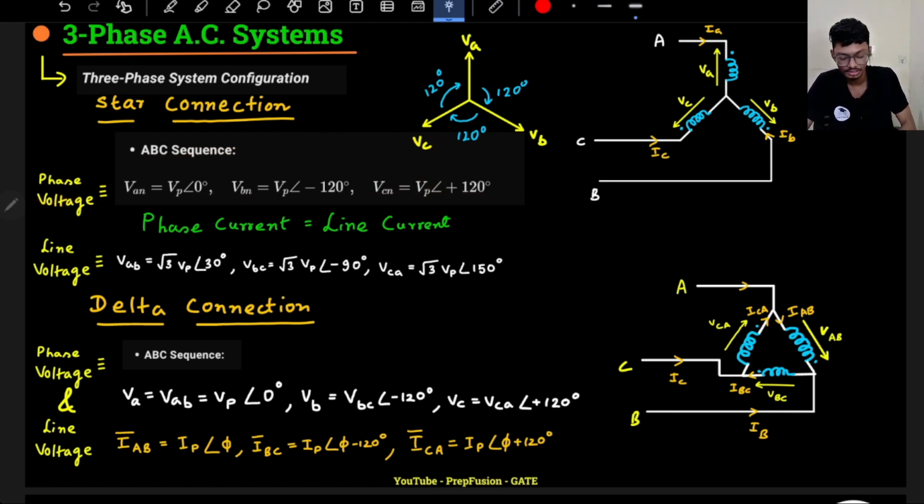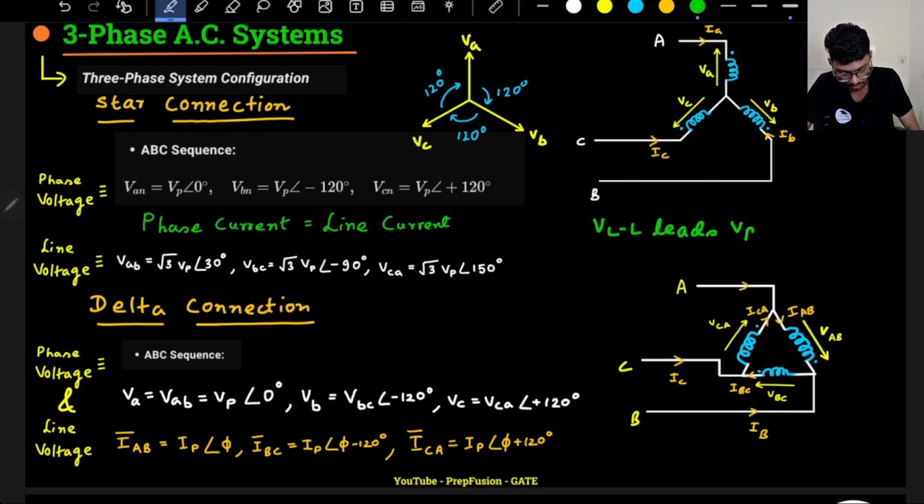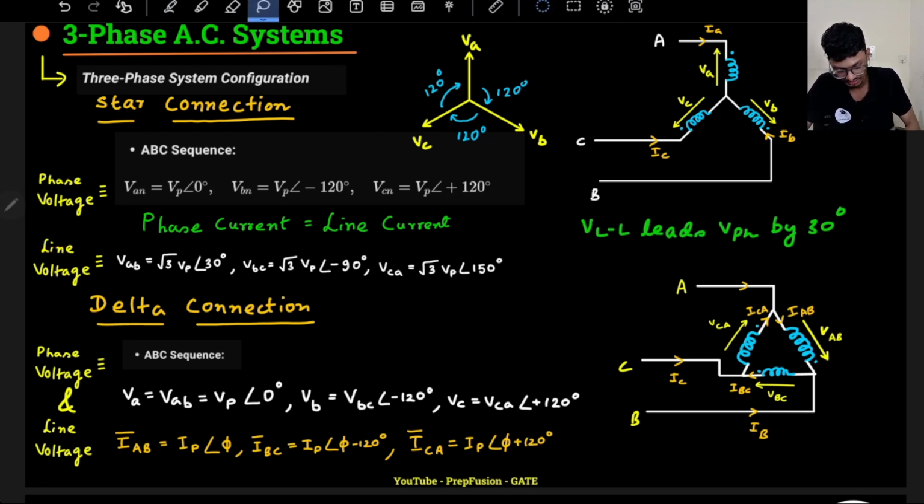Also, one more thing we had derived: in case of star connection, the line voltage leads the phase voltage by 30 degrees. So line voltage will lead the phase voltage by 30 degrees.